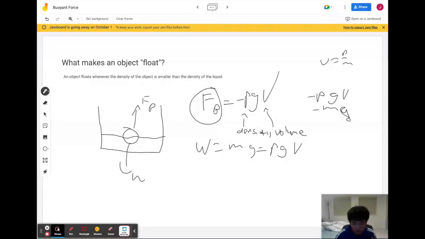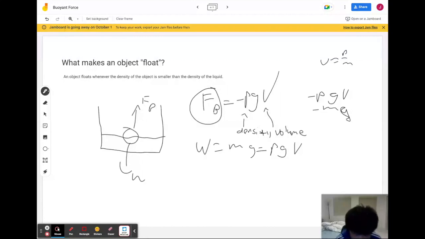But the volume of the fluid displaced will never be different than the volume of the submerged object. Because how would there be an additional volume? How would more water be displaced when there's less of an object in the water? It's just not true. It's not possible.